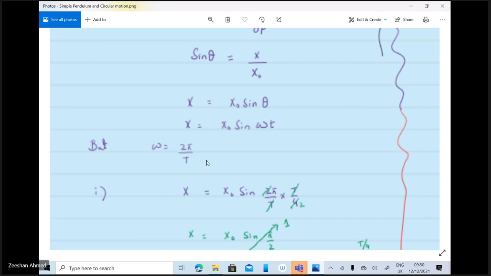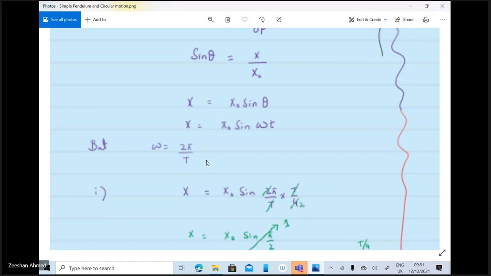If I ask you what is the instantaneous displacement at t equals 3t by 4, then x equals x naught sine 2 pi by t multiplied by 3t by 4. What are the things we can cancel? t and t will get cancelled, and 2 and 4 simplify.